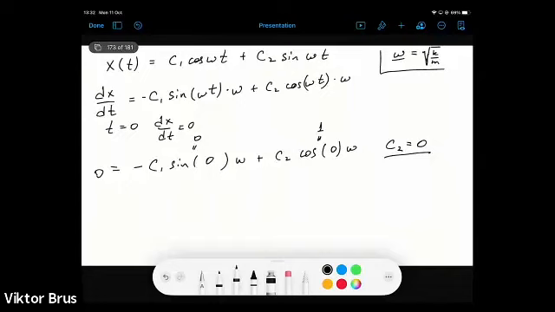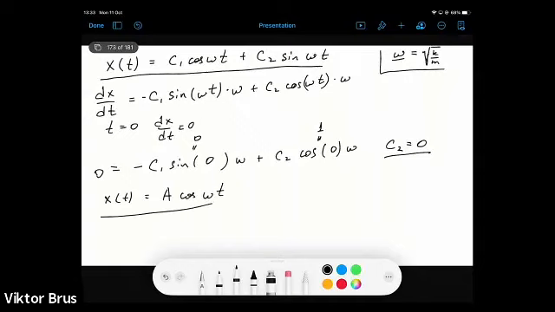So if we substitute the first and second constants into this general form of solution, and these constants are determined based on the boundary conditions of the particular system we consider, then we will get x as a function of time, which is equal to A, the amplitude of the displacement, times cosine omega t.